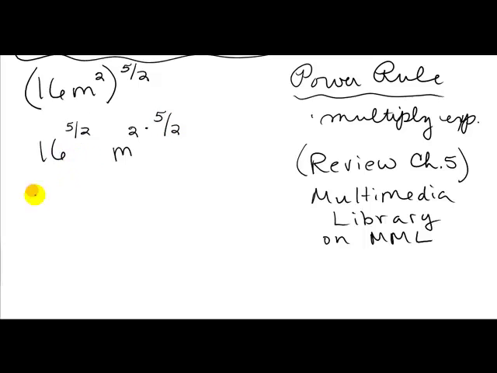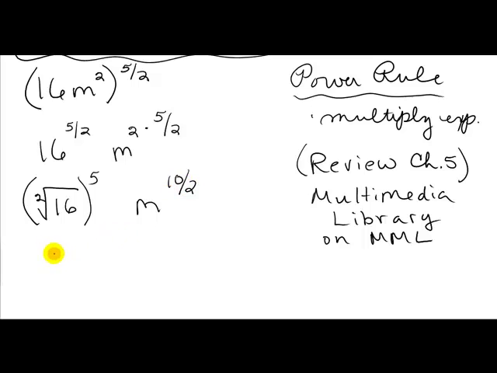So if I take the square root of 16, and I'm putting the 2 for emphasis, and then we do it to the power of 5, and then the m, when you multiply, this is 2 times 5 is 10 over 2, and you could take the shortcut and cross cancel, but I'm going to show all the steps with this one.